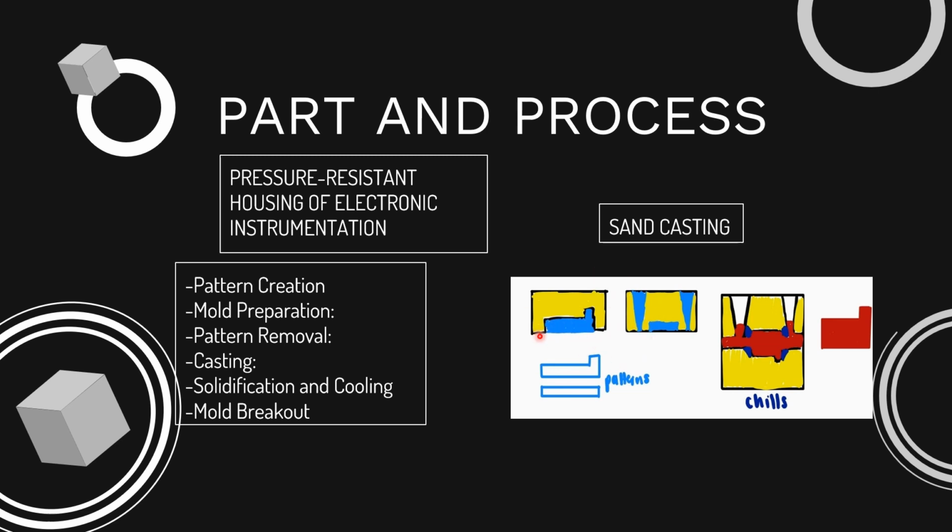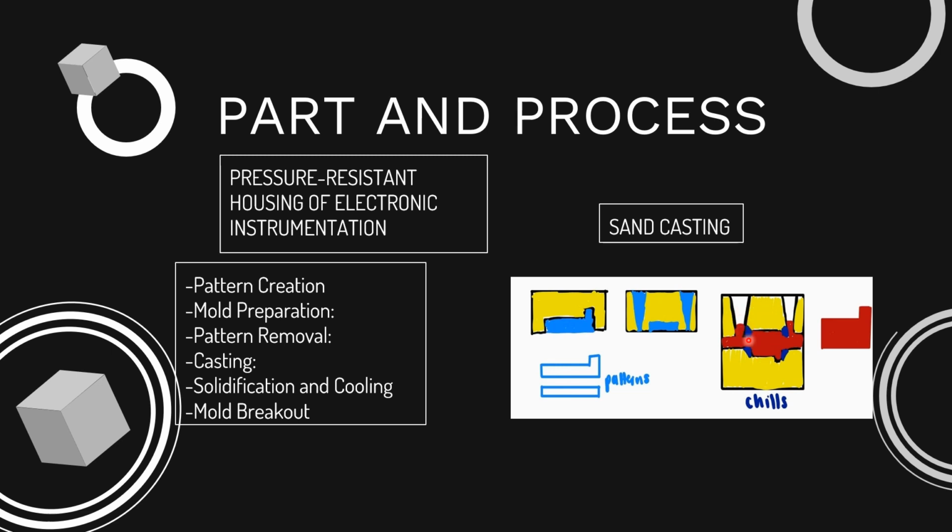Then, after we've put those parts, we need to remove them and put them together in the mold cage, which is this black structure over here. We'll put one over the other, and we start to pour the material, the molten nickel superalloy.